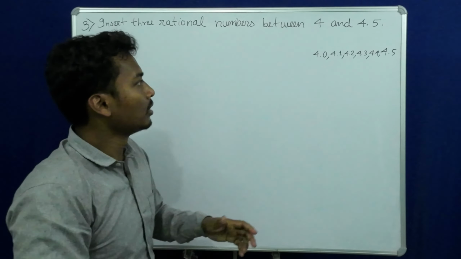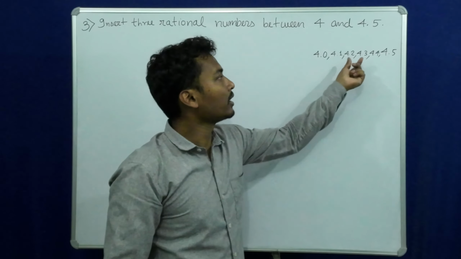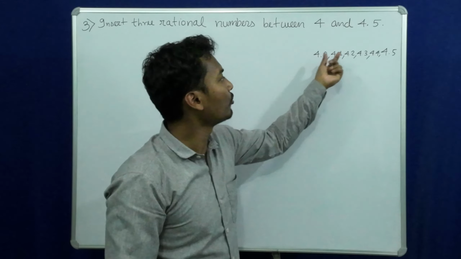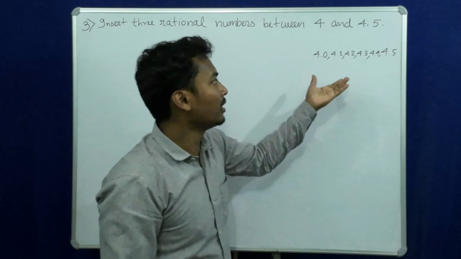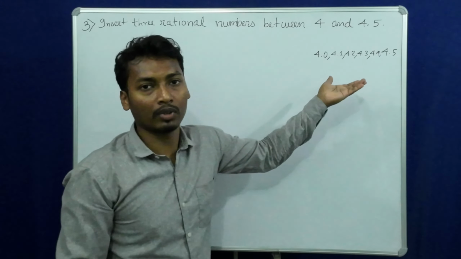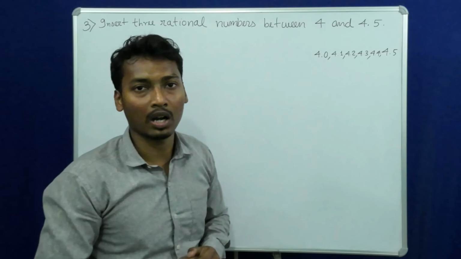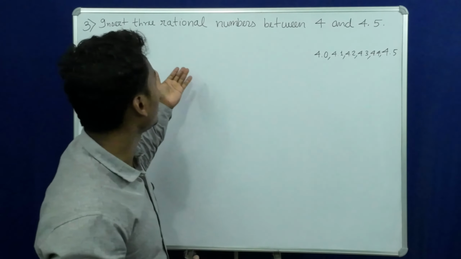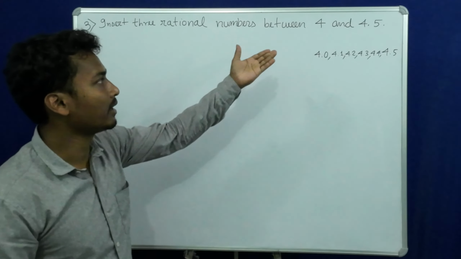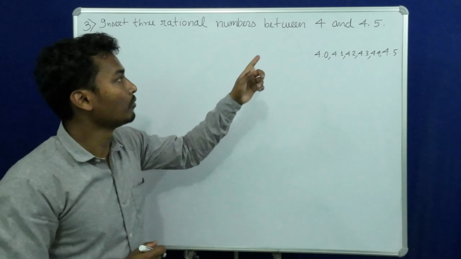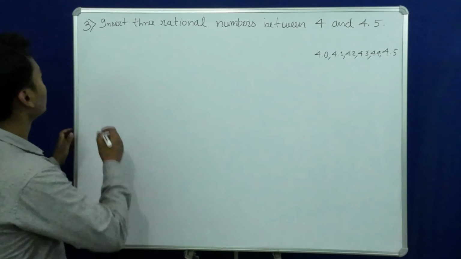So you can represent them also as the rational numbers between 4 and 4.5. But in this way, maybe your teacher will not give you marks. He might want you to do some hard work. So let's apply that basic method and get some rational numbers between 4 and 4.5.